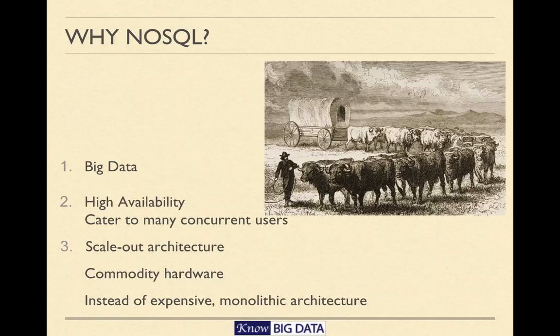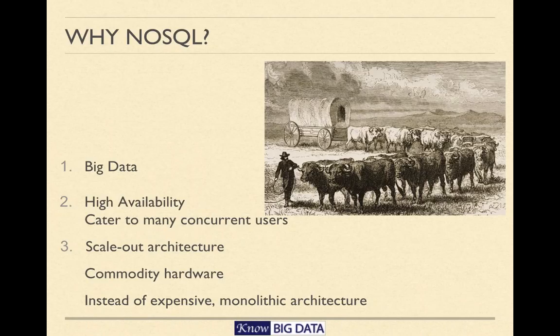All right. Now, question is, again, let me recap by way of this slide. Why do we need NoSQL? First, for big data. Second, for high availability. Third, for scale out architecture. So first, for big data: this new genre of NoSQL databases provides you a way to store humongous data the way HDFS was providing you.